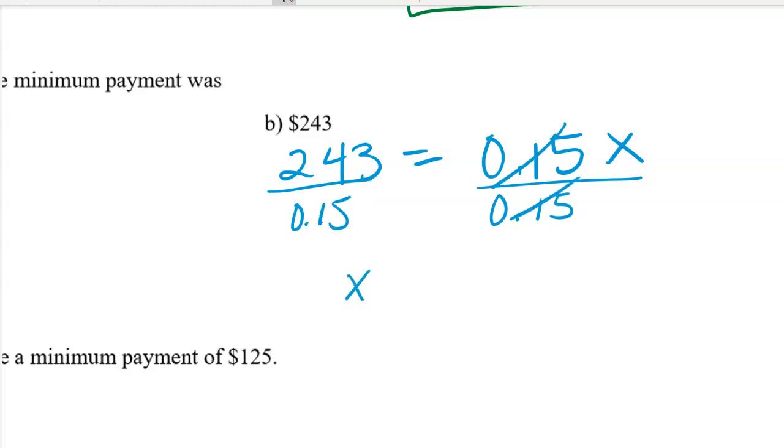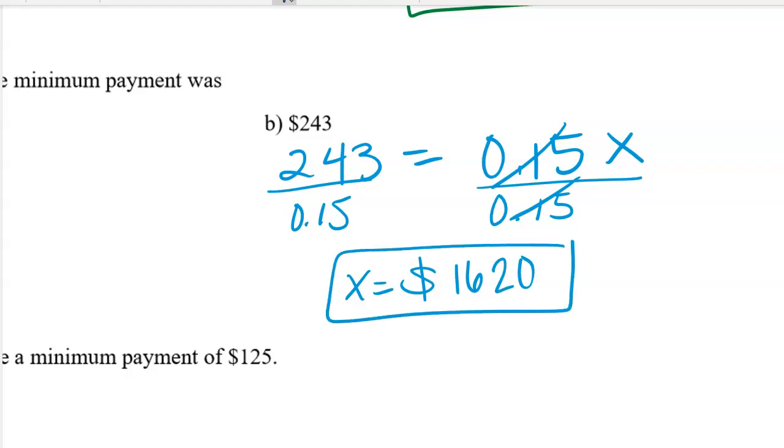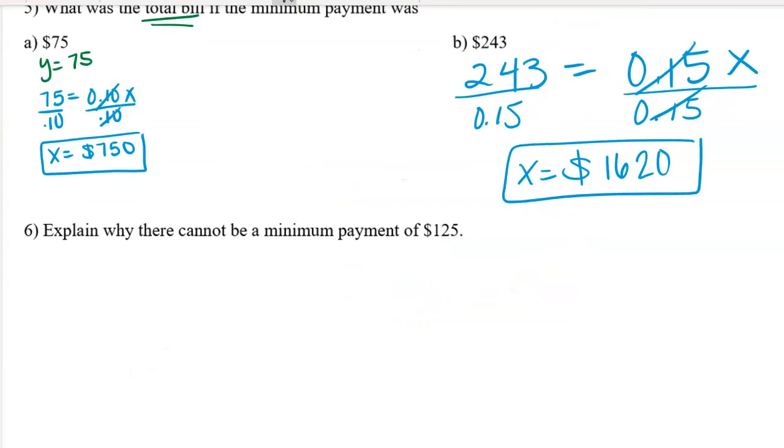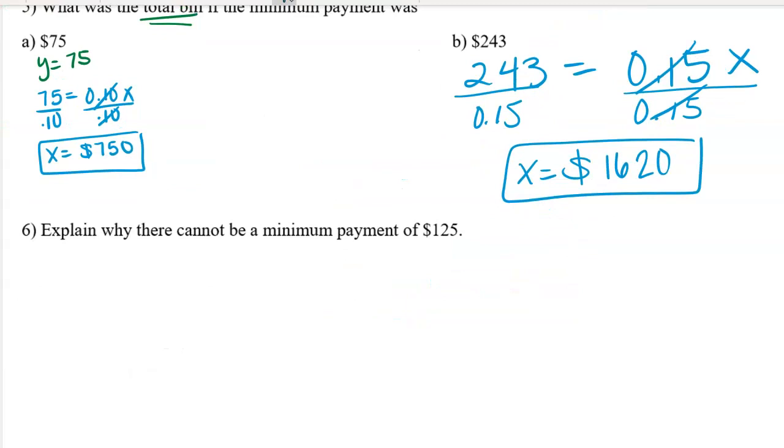Punch it in. 1620, like that. No pennies or anything. All right, confirm that for me. Yeah. All right, so that means your credit card bill is $1,620 for you to pay $243. Perfect. Okay. This is the part where you do have to write this on your own because I'm not going to write on here.